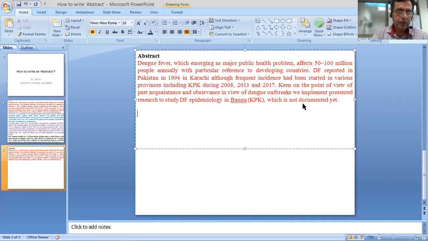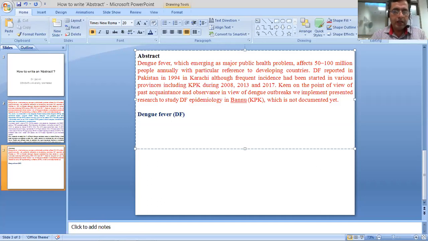If I start, I would write dengue fever, and I can write DF in brackets, because when I write DF once here in the abstract, I would not have to repeat the whole words dengue fever again and again. That would also be convenient for me.